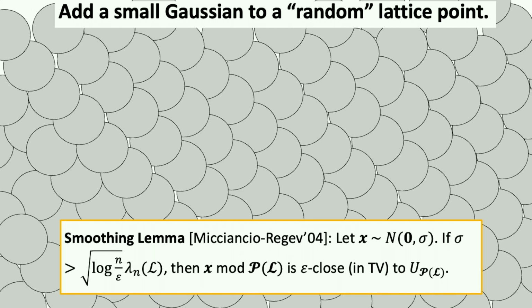So what you do is pick the Gaussian from the origin and reduce it modulo the fundamental parallelepiped. You cut this and put it here, cut this and put it here, so you get a distribution on the fundamental parallelepiped.